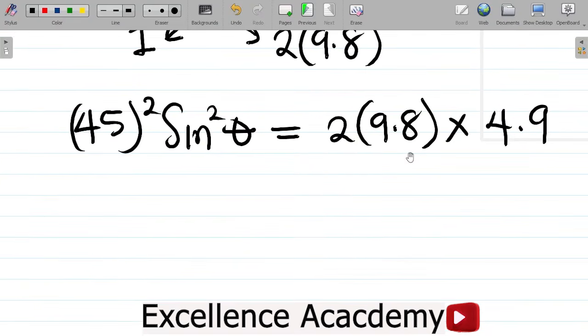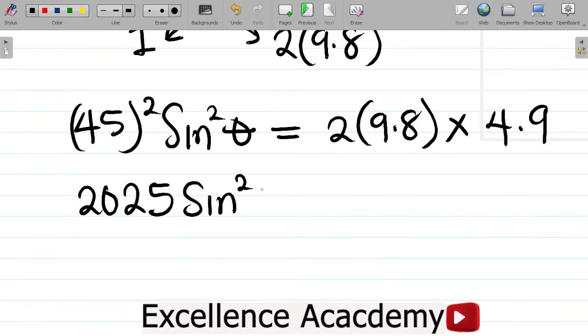Now let's solve this. 45 squared is 2025, times sine squared theta, is equal to 2 times 9.8 times 4.9. If you punch that, you have 96.04.